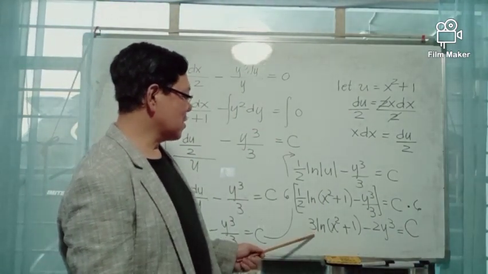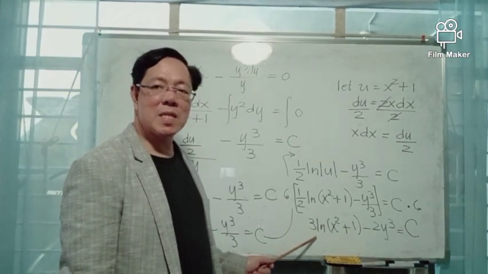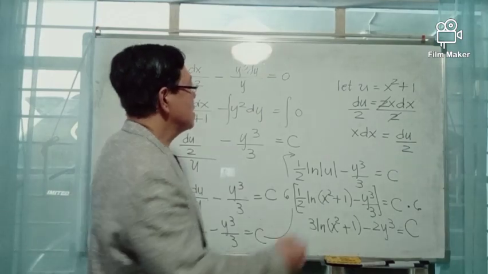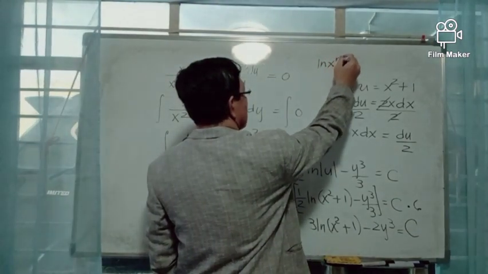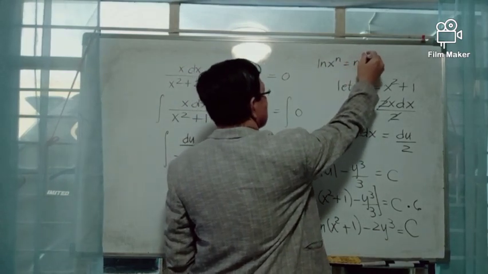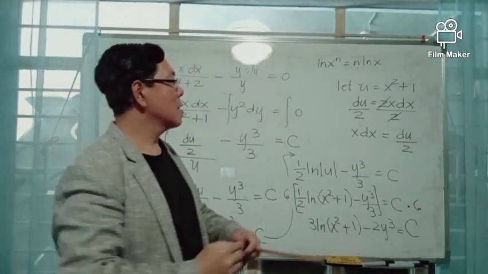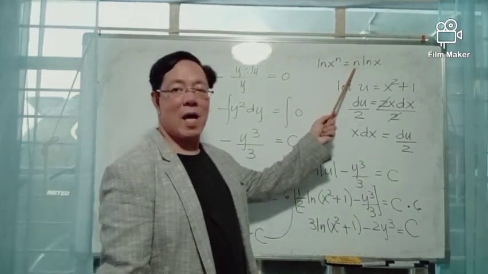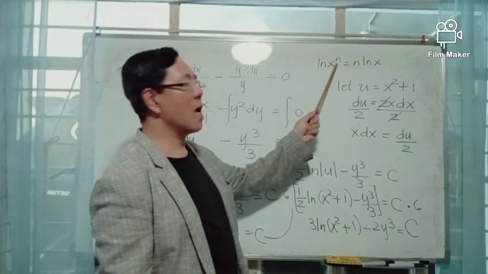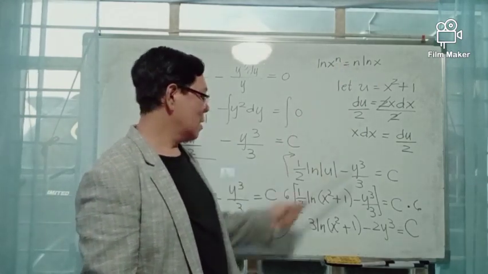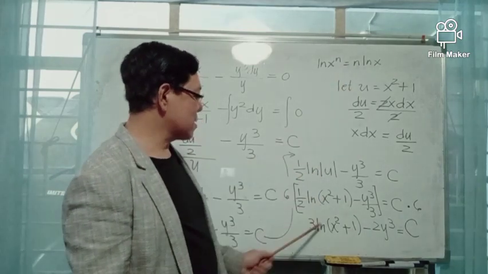For the first term, we can apply the property of ln that says the ln of x to the n equals n multiplied by ln of x. The coefficient n here of the natural logarithm of x becomes the exponent of x. In this first term, the n here is 3.